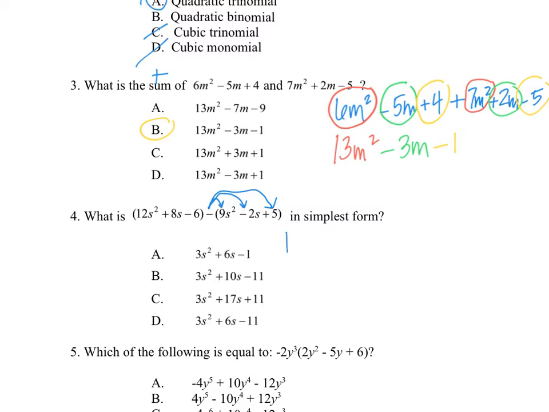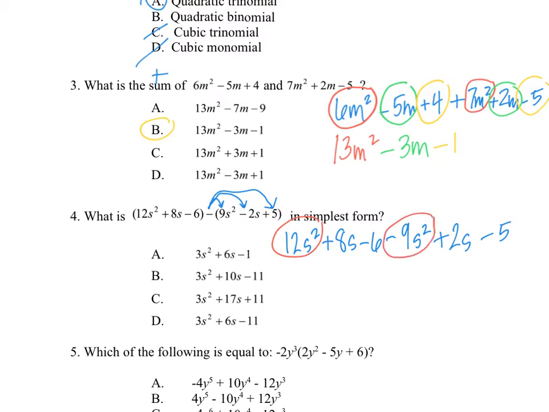So let's rewrite the first part. And then we are going to have negative 9s squared plus 2s, and then minus 5. And now we can do the same thing that we did last time. So let's combine those like terms.